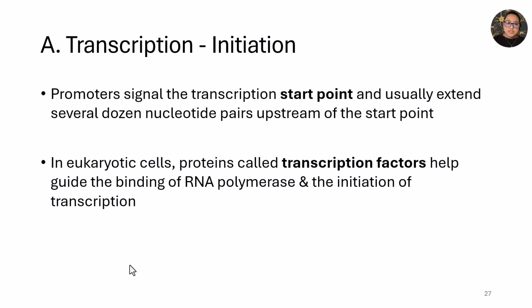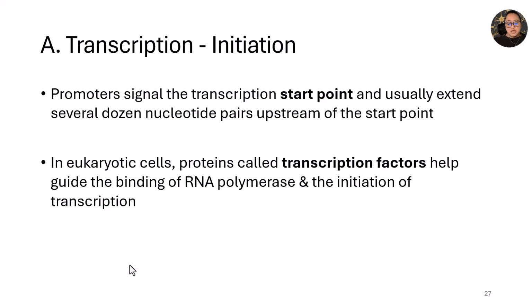So promoters, again, the sequence of DNA, help signal the transcription start point and usually extend a little bit upstream of the start point. So if we think again about the analogy of your genome being one big recipe book, you're looking for the title of that recipe. Say you want to make a German chocolate cake.